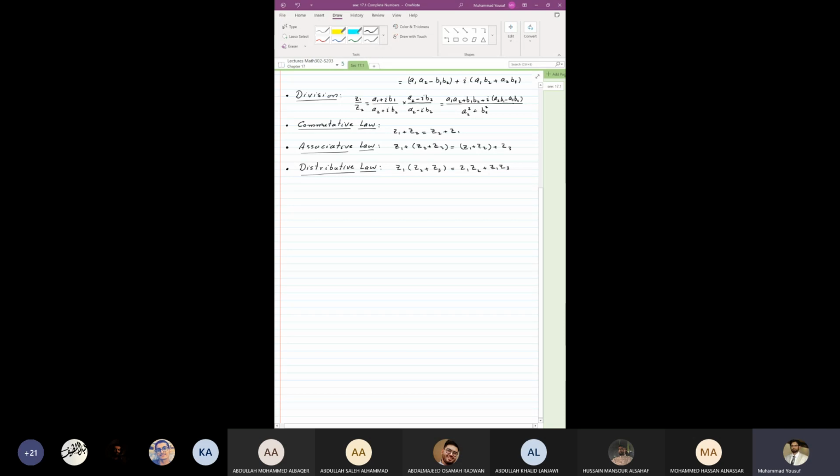So Z1, Z3. These are very basic elementary properties of complex numbers. You must have seen them somewhere before.